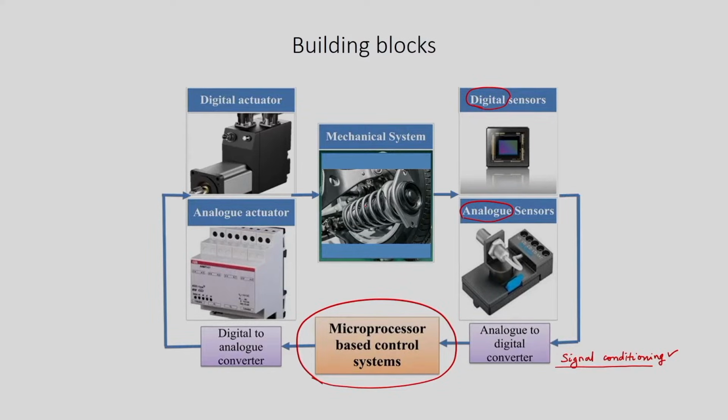Actuators are actuating the mechanical system. So, this is a typical arrangement in which we have a basic mechanical system, and this is being controlled by a microprocessor based control system, and it has the important blocks: the measurement system and the actuation system. We will be studying all these building blocks one by one in this course.